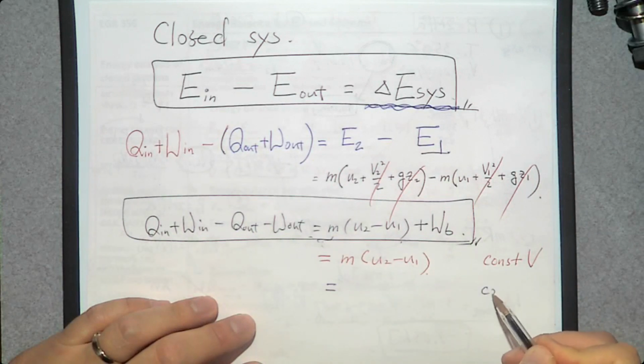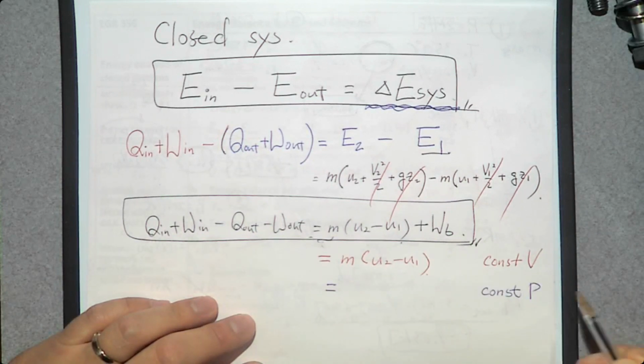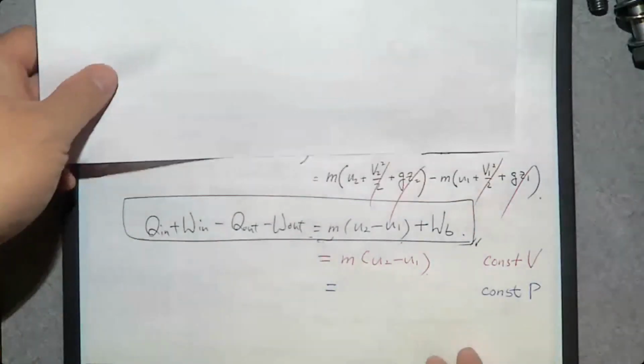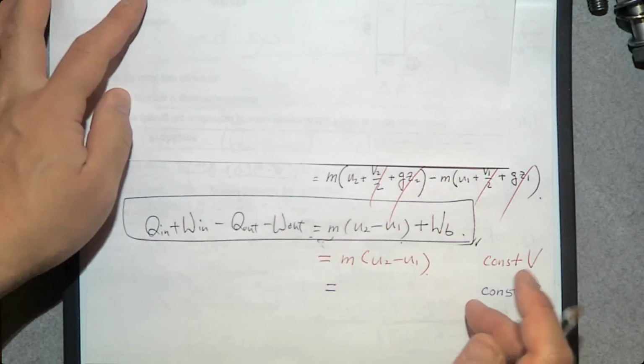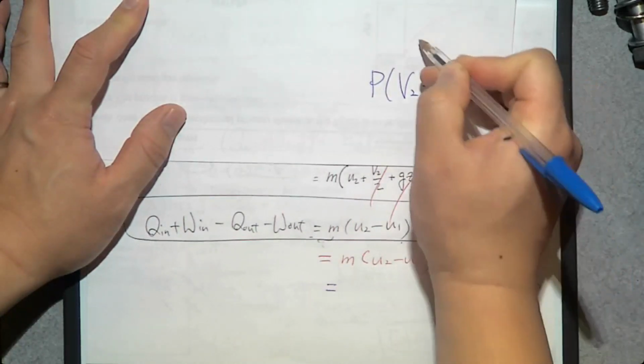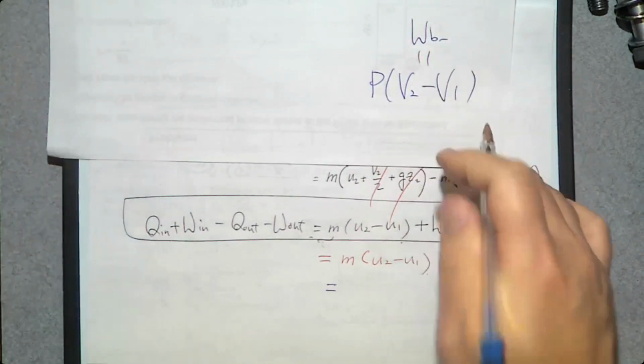What about if you have a constant pressure process? What is the moving boundary work when you have a constant pressure process? It is going to be P(V2 minus V1). That is moving boundary work.